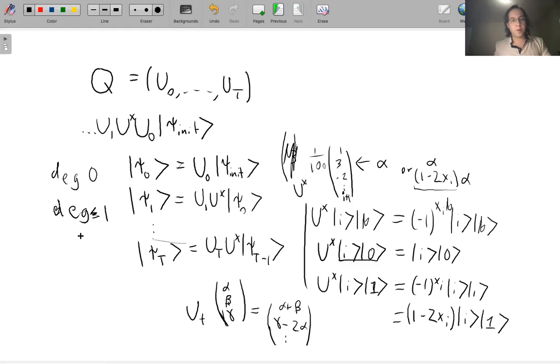As we go down, we get by induction that even the last one will have degree at most t. These polynomials will have complex coefficients, because the unitaries U_t can have complex entries. So in general, these are polynomials of degree at most t with complex coefficients.